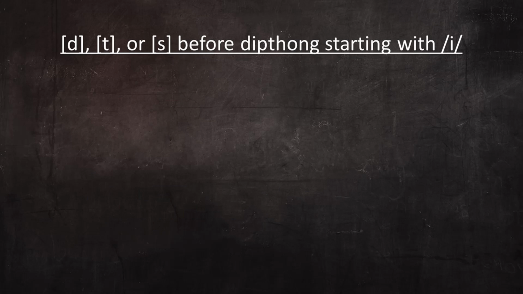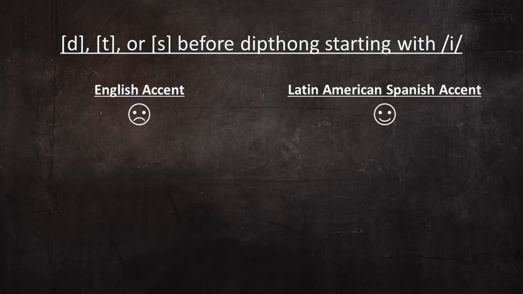And the third is Spanish words in which D, S, or T appear before a diphthong starting with I, even though the word is not a close cognate with an English word pronounced with yod-coalescence. Observe these examples pronounced with the two contrasting accents.